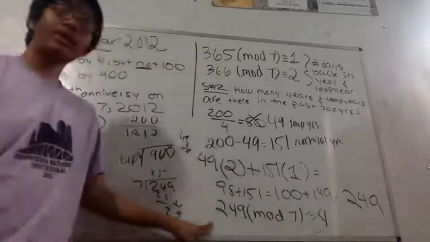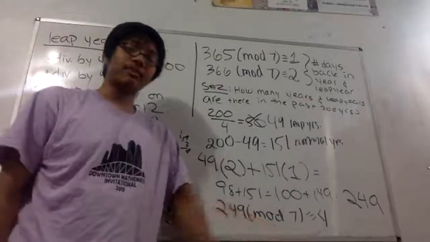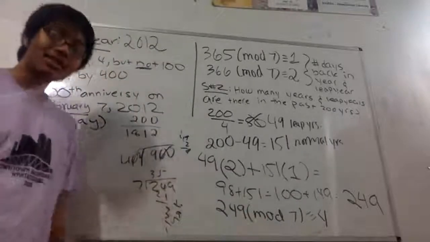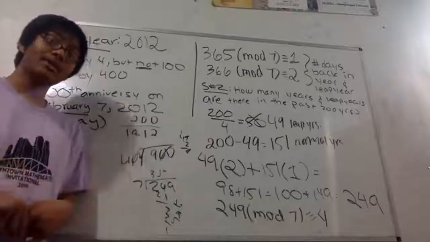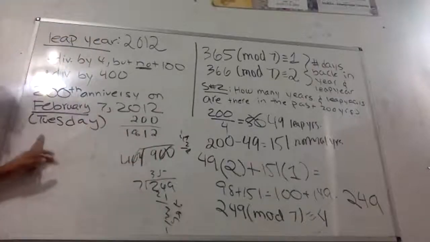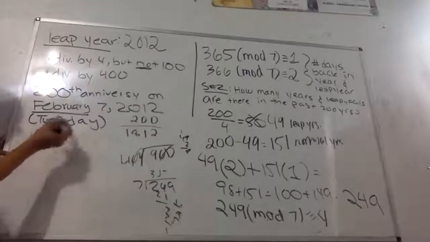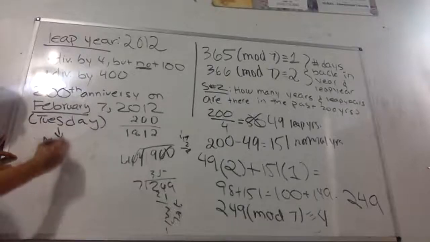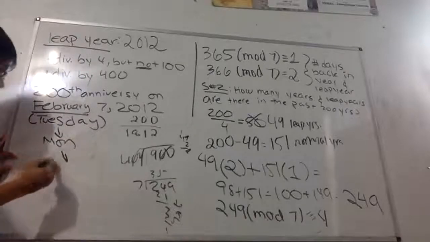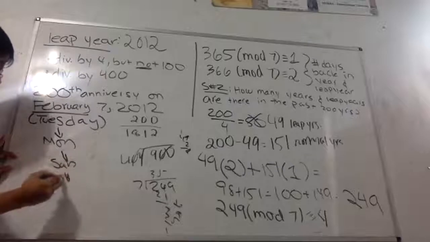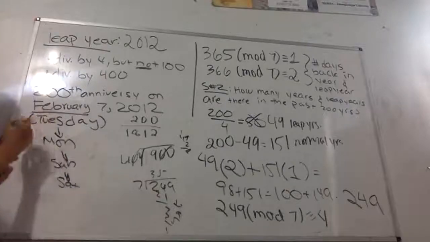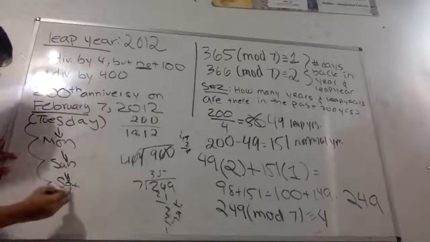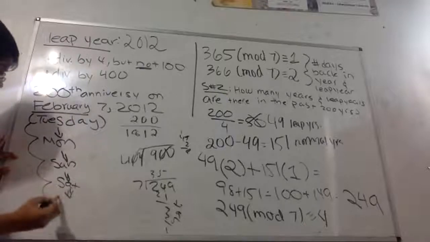So that means 249 modulo 7 is going to be 4. So what does that mean? That simply means we're going to backtrack 4 days starting from Tuesday. So before Tuesday is going to be Monday. Before Monday is going to be Sunday. Before Sunday, Saturday. So we backtrack 1, 2, 3, one more time will give us Friday.